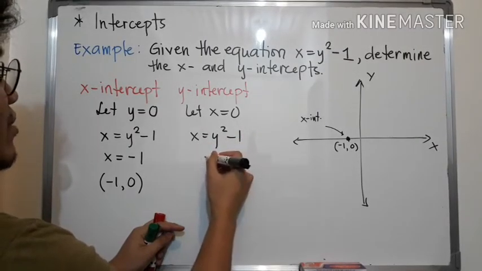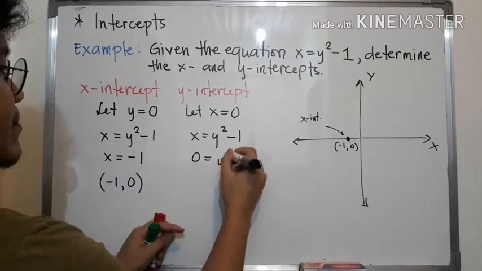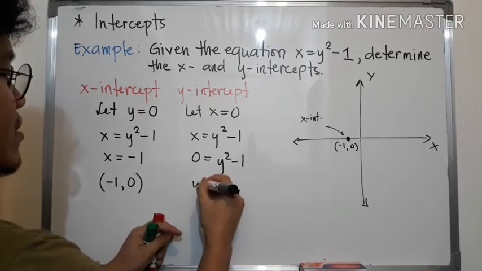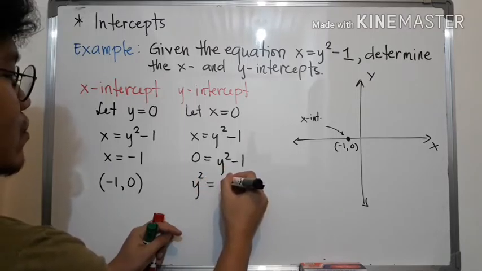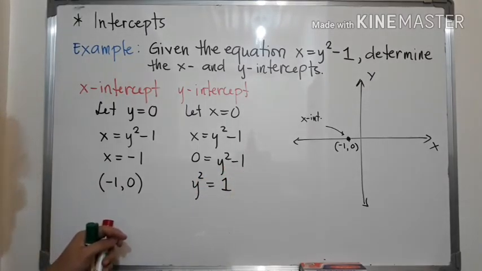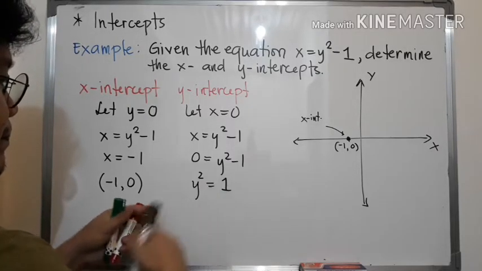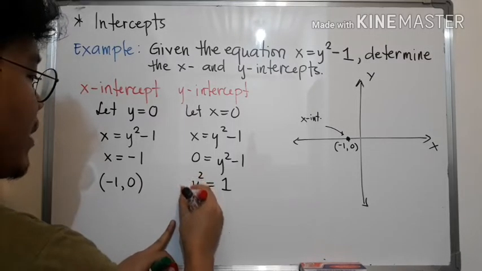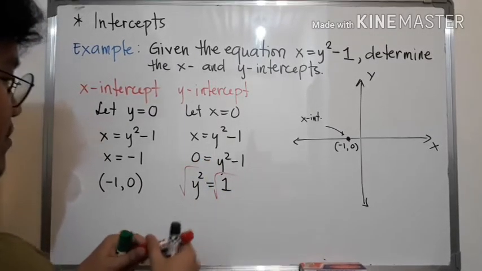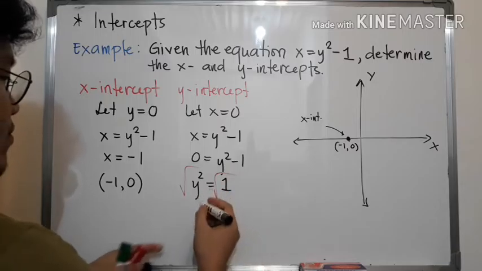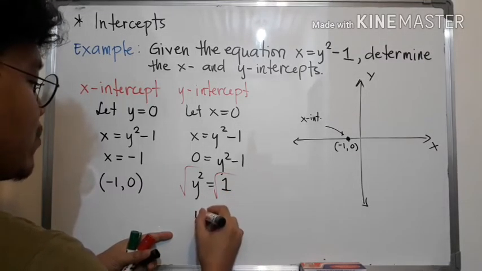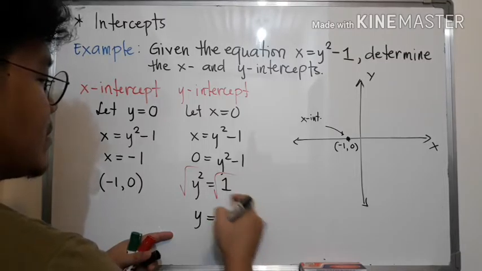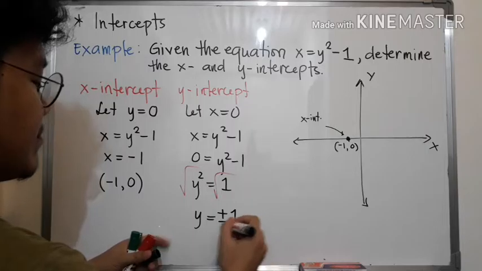So x becomes 0, and then we have y squared is equal to positive 1. We get the square root of both sides of the equation to solve for y. So we have y is equal to plus or minus the square root of 1, which is 1.